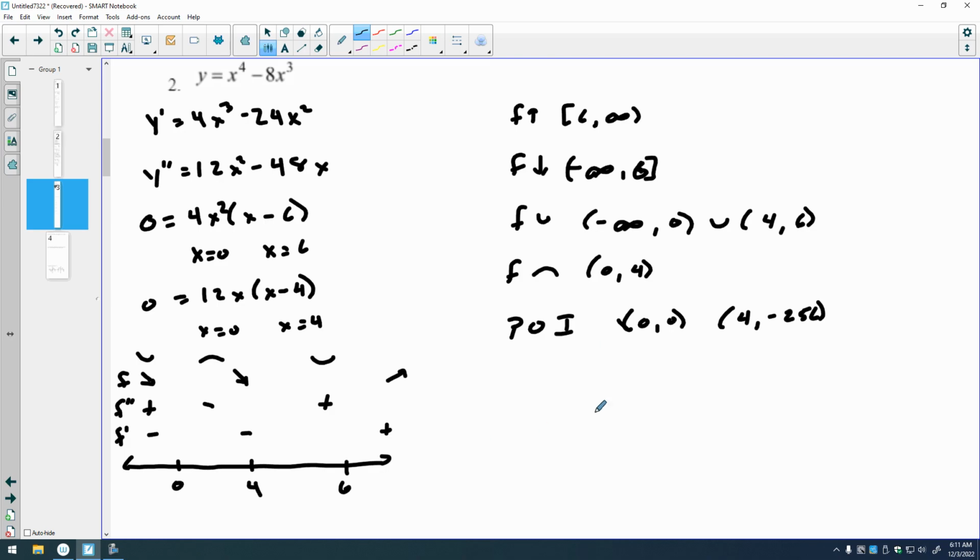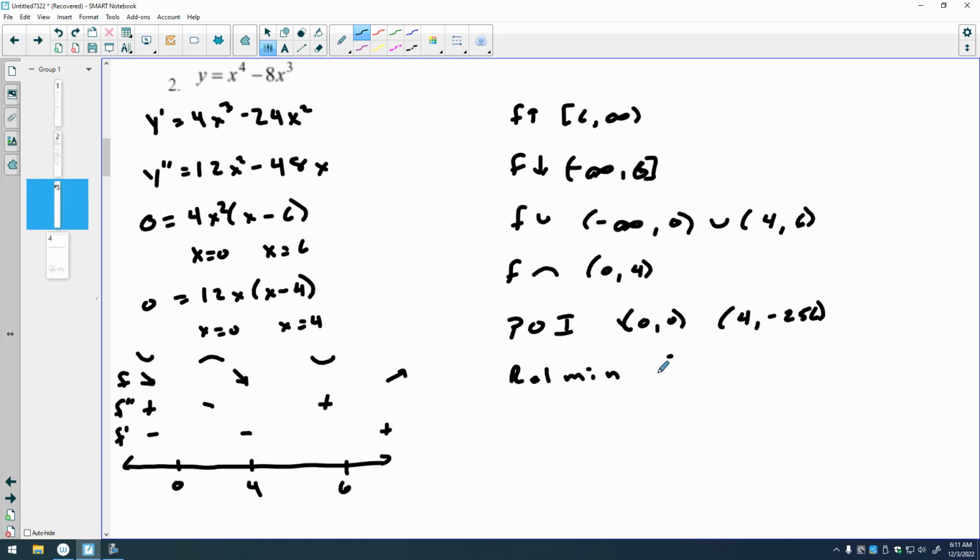Let's sketch a graph of this thing. Oh, no, I didn't. I'm not done, sorry. Relative max, min, etc. Okay, so relative min. Need to go from decreasing to increasing. Relative min goes from decreasing to increasing at 6.